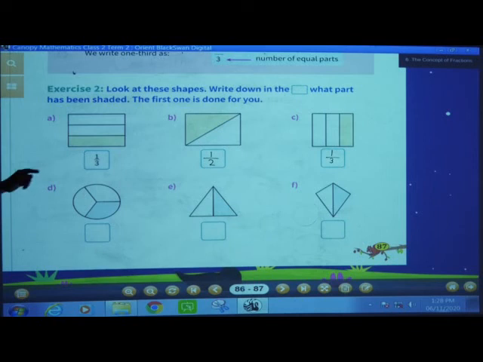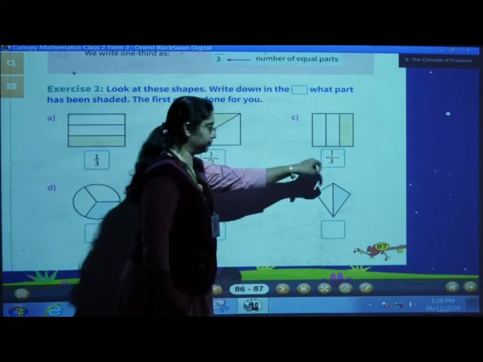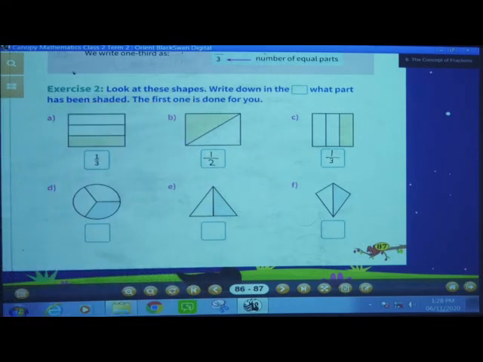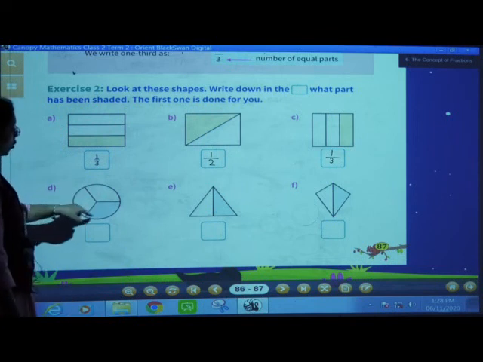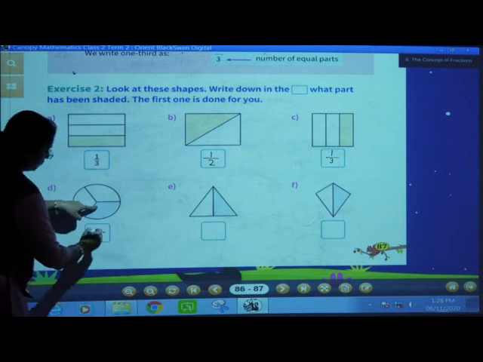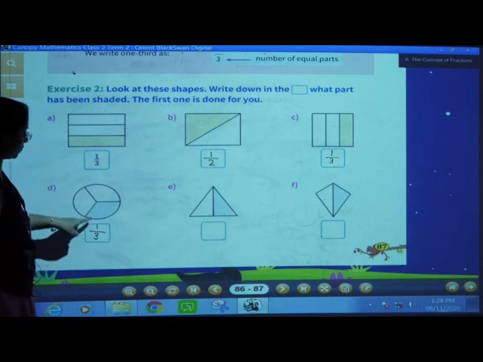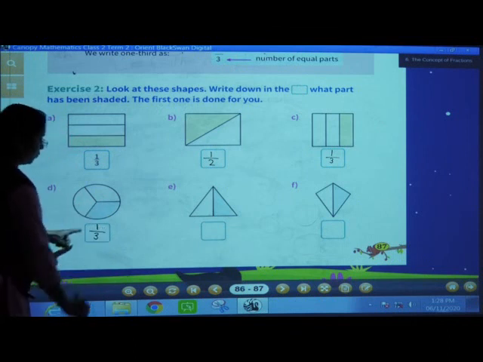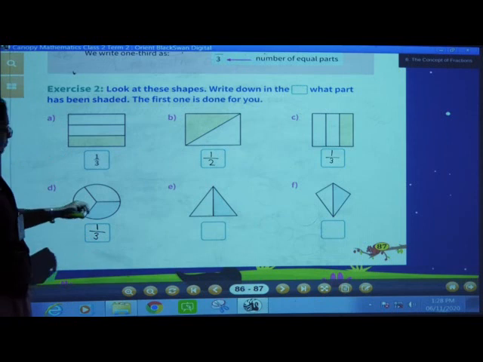So this is 1/3. Now next D number. Total equal parts 3 and shaded part 1. So this is 1/3, 1 by 3 or 1/3.